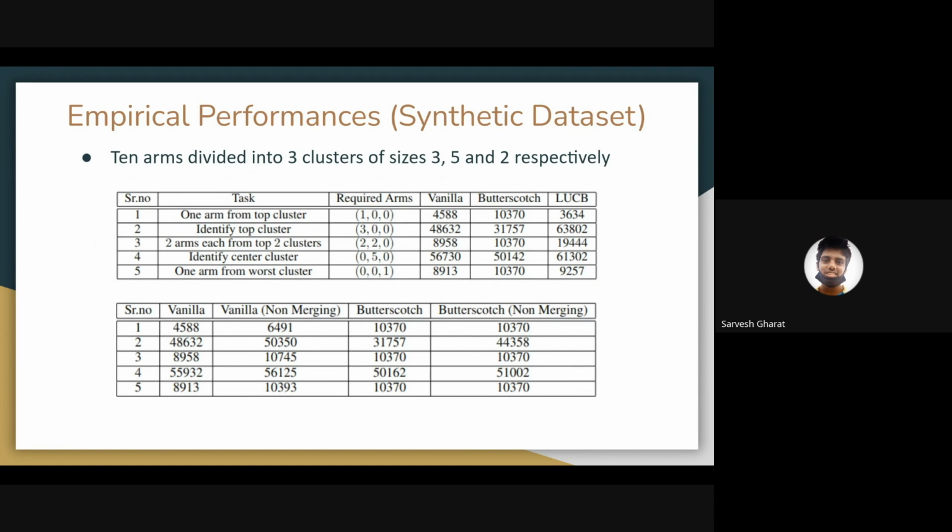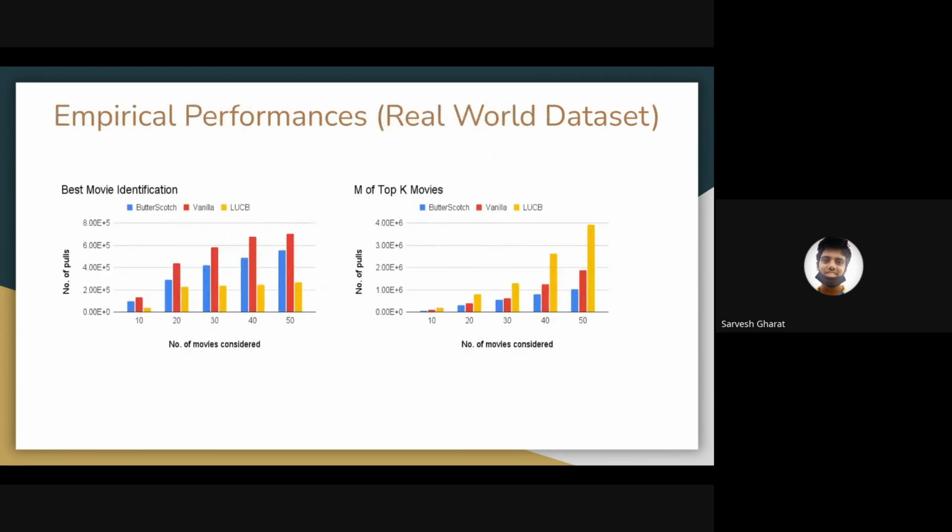But for complicated problem formulations where you need to identify top clusters, do full ranking, or do some coarse ranking, you see better performance of the vanilla and the butterscotch algorithms compared to the standard baseline, that is LUCB.